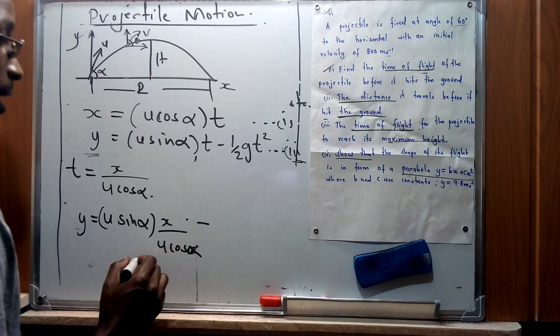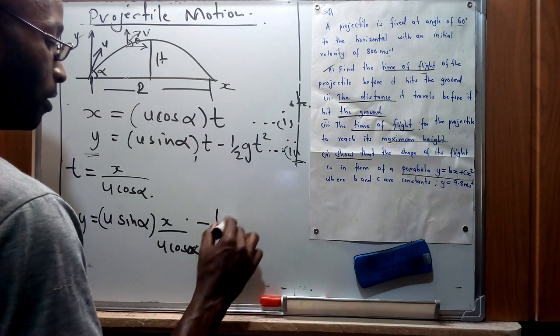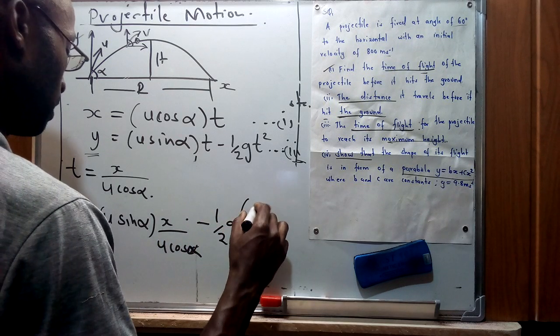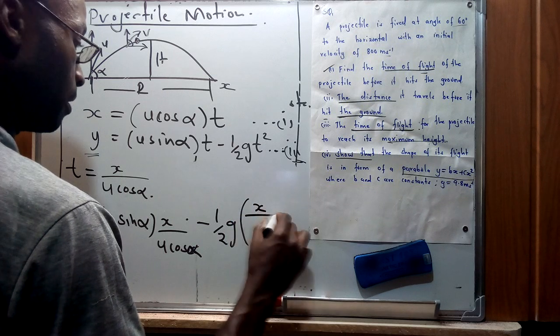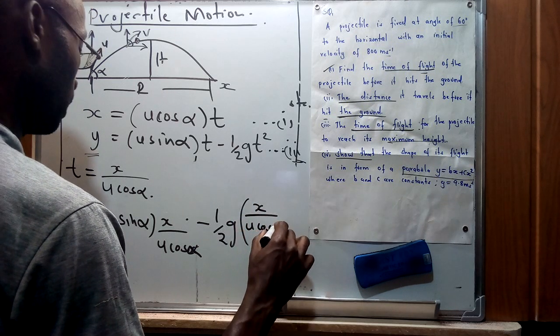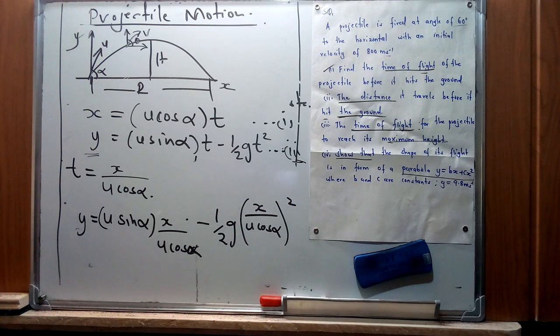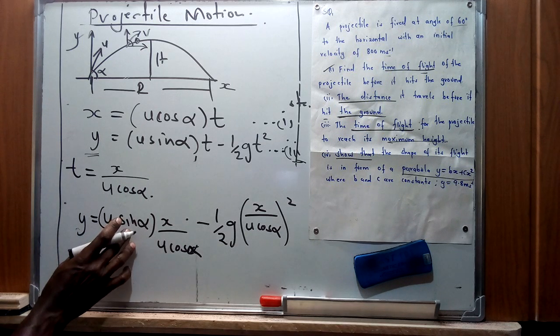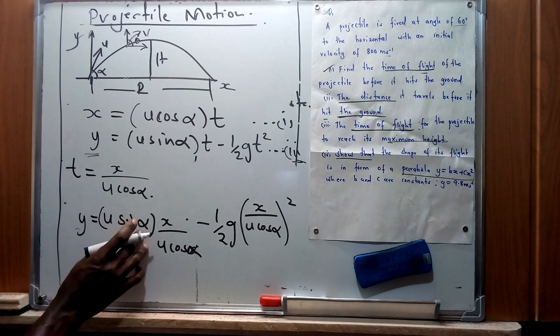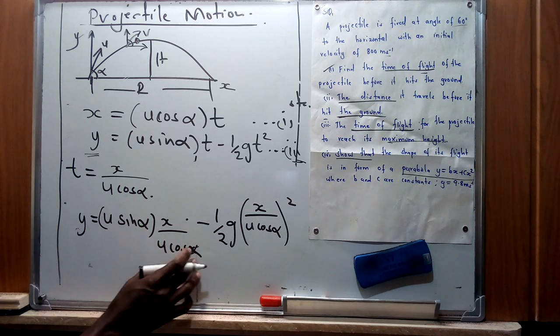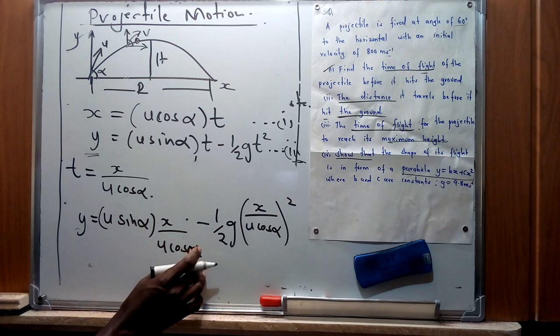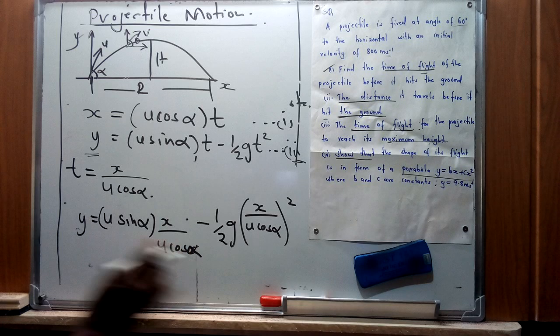The whole of this minus g, and this is x over u cosine alpha, squared. So in simplifying that one, we're going to find that u cosine alpha over u cosine alpha cancels, leaving u sine alpha over u cosine alpha.